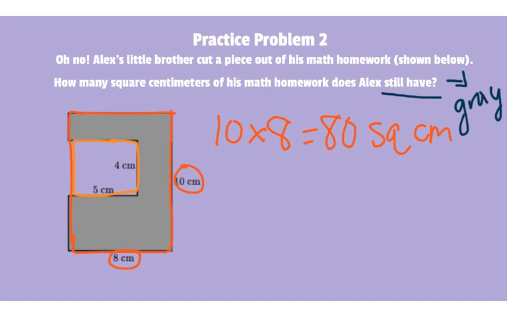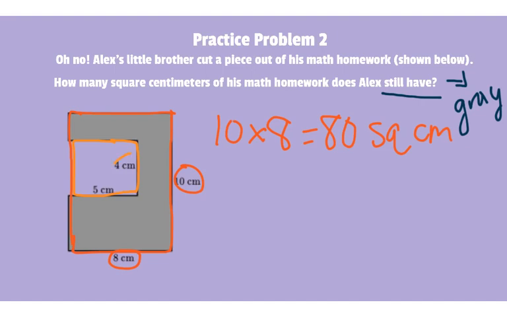Then I'm going to find the area of that missing section, right? So what I highlighted in orange. So again, I start with the whole figure, and then I find the area of the missing section.